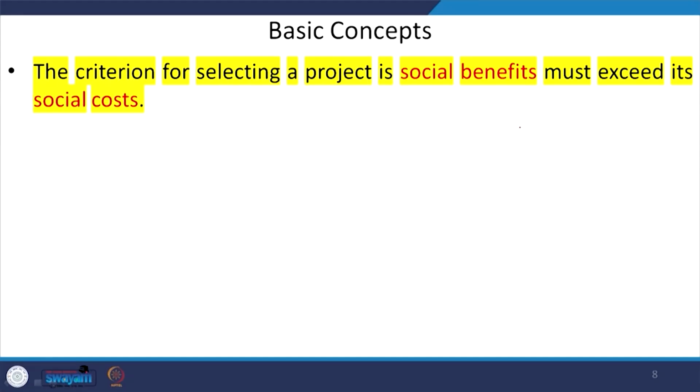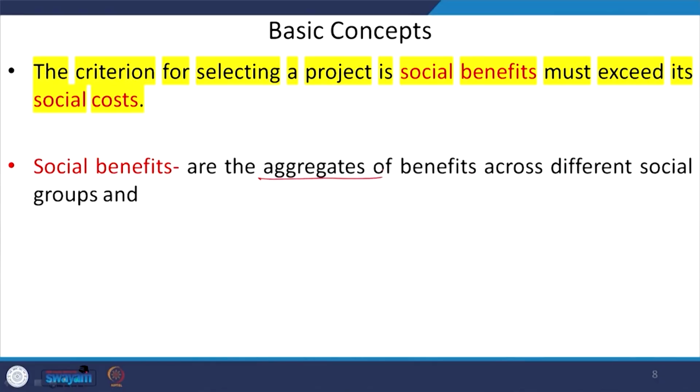The first criterion or concept is that if you need to select a particular policy or project, we need to see that social benefits must be greater than social cost. And again, here we are using social benefits and social costs from Pigou's concept itself. So, what are the social benefits? These are the summation of the benefits across the society.